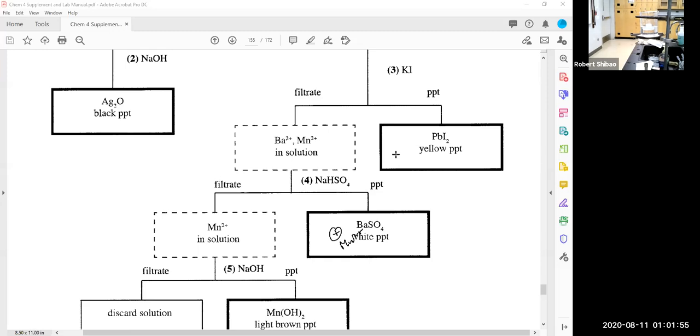So we have enough time to test unknown B for sulfate. So let's go ahead and test unknown B for sulfate. That's a quick test.